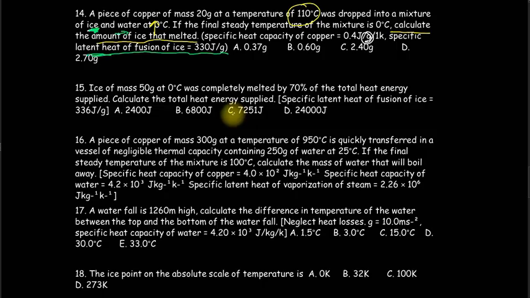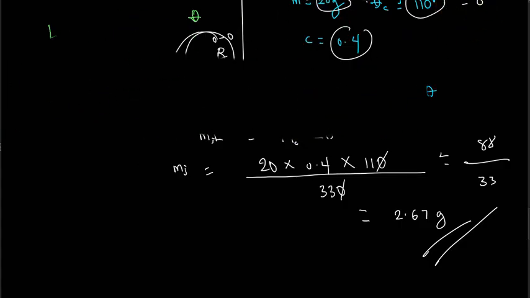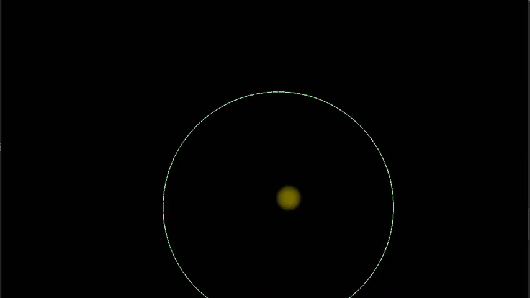So we're only given the specific latent heat of fusion, which means we just have to apply our formula for specific latent heat, which goes like this: Q equals ml, and they said 70% of the total energy.